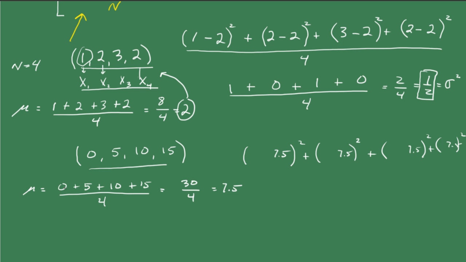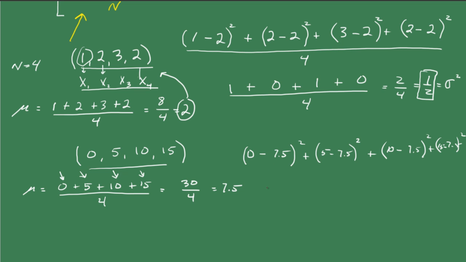Okay, and then each individual xi, which was, here this was x1, this would be x2. Again, it doesn't matter which one you choose to be what. Okay, so we would have 0, 5, 10, and 15. Sorry for making that a little crammed there. 15 minus 7.5 squared.